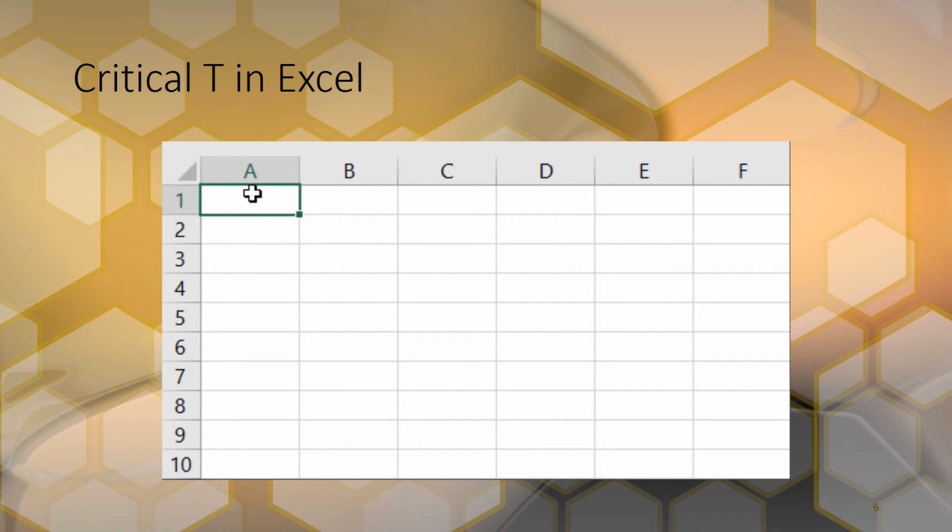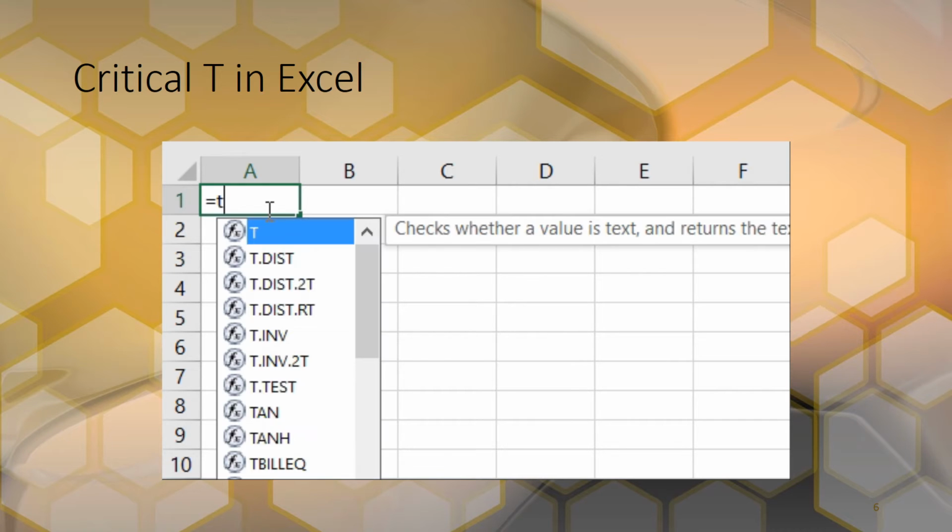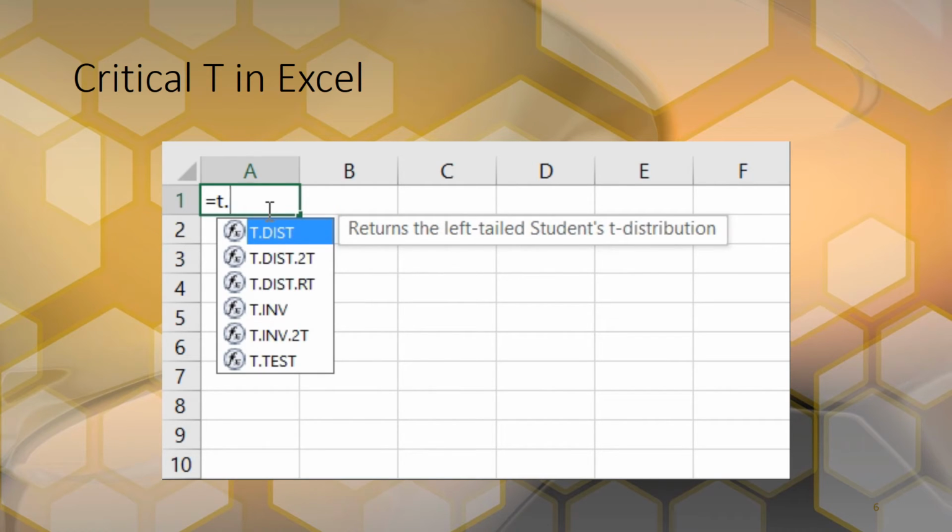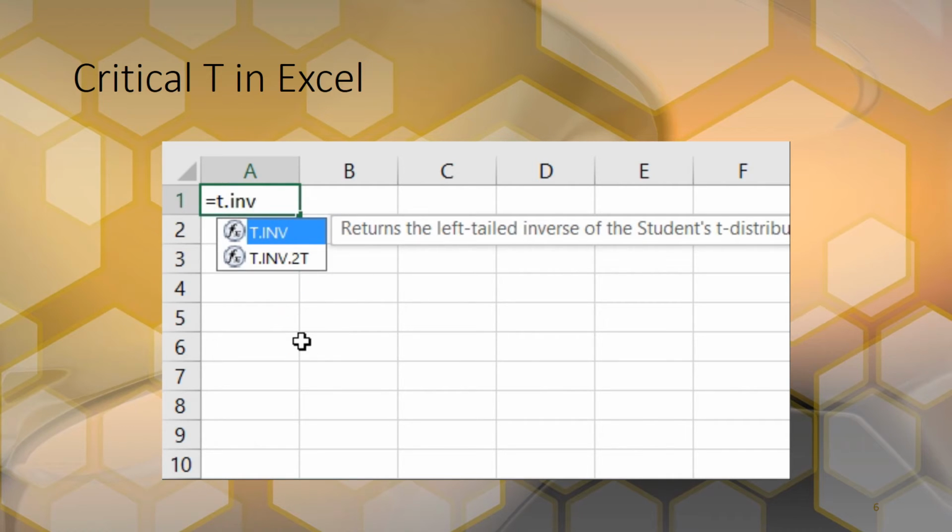And I'll do it with the 30 degrees of freedom for 95% confidence. So you just want to pick an empty cell, doesn't matter which one. Just pick the first one. And you want to type equals T.INV.2T, and see, it's kind of popping up.